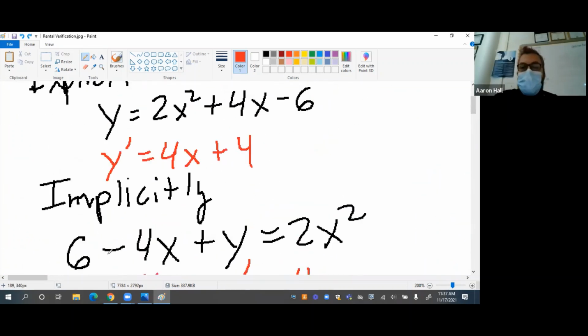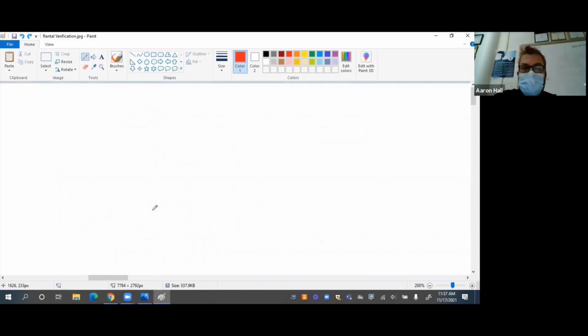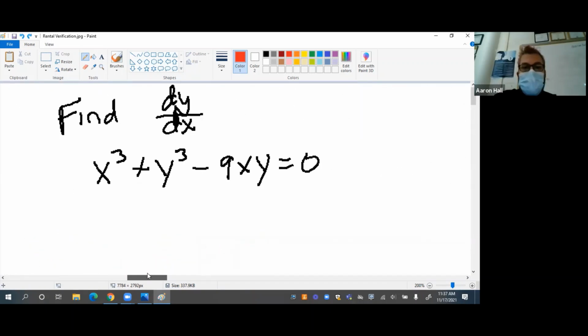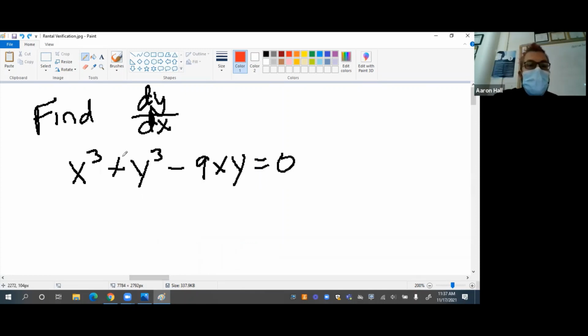Okay, Carter, what about this piece here? That would just be 3x squared. Yeah.